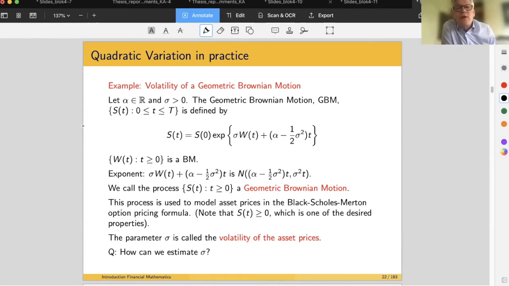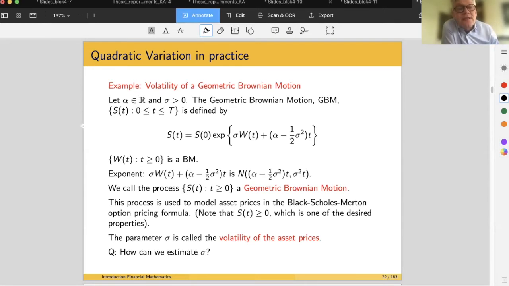Now the geometric Brownian motion, which we abbreviate by GBM, is defined as follows. It is a process S, a stock price process S(t), and time t runs from 0 to capital T, where capital T would be, say, the final time of an option contract. But we're dealing with the stock itself right now, not the option.